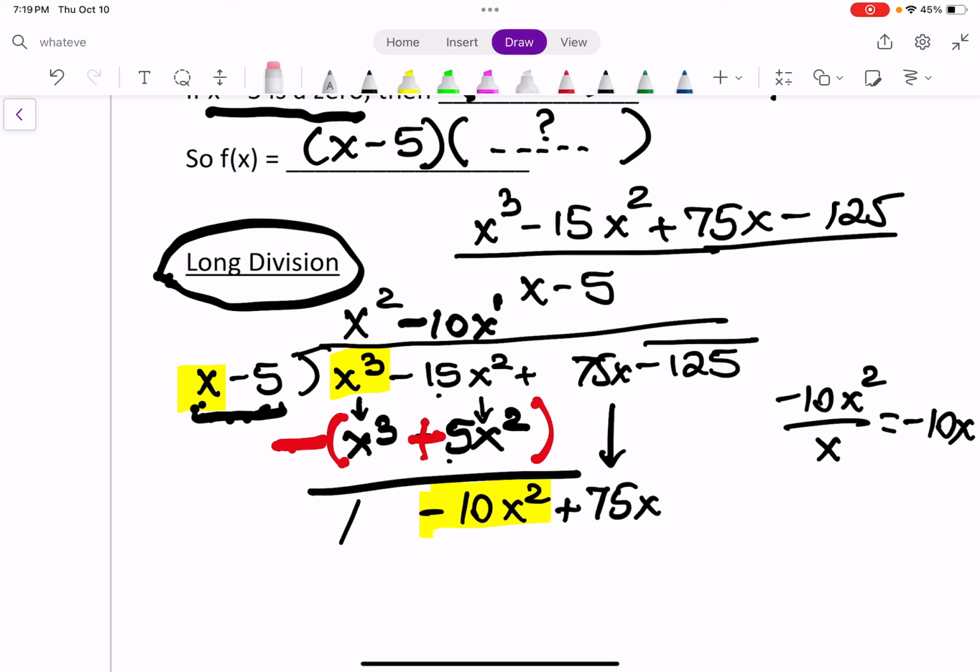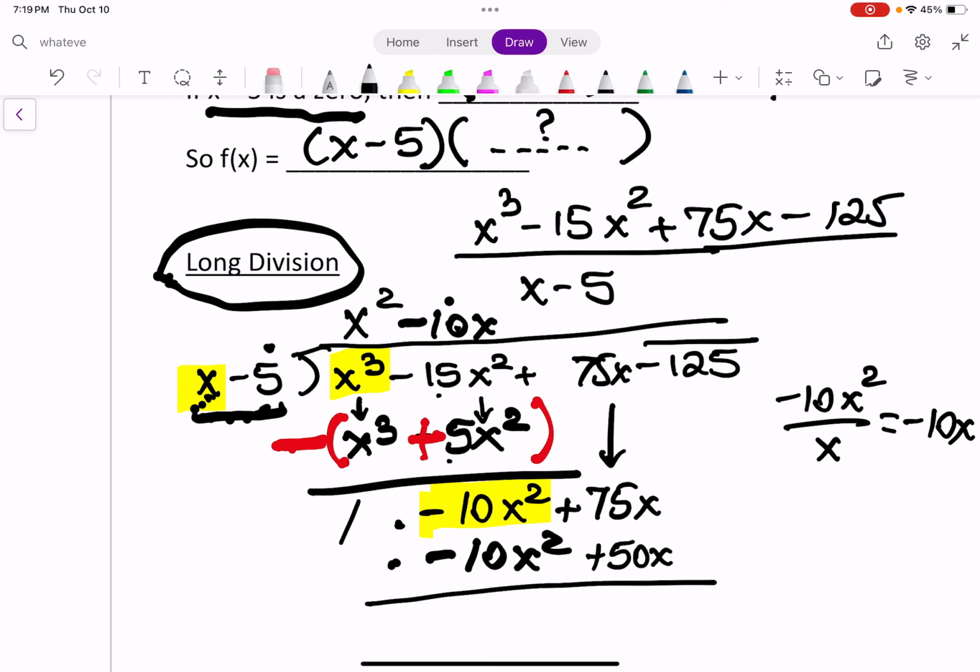So here it is, let's multiply. Negative 10x times x is negative 10x squared. These two have to match, then you know you've found the right factor. Negative 10x times negative 5 is positive 50x. Then again we subtract: minus minus is a plus, and minus a positive is a minus.